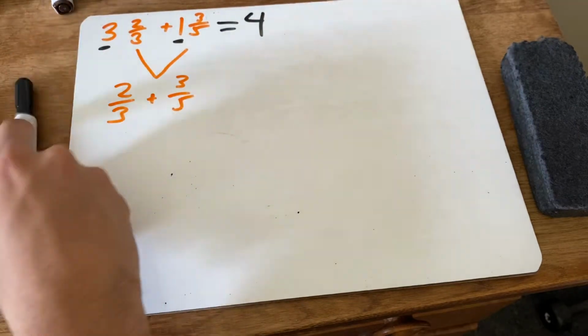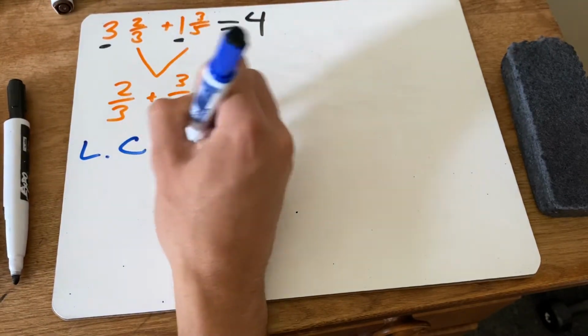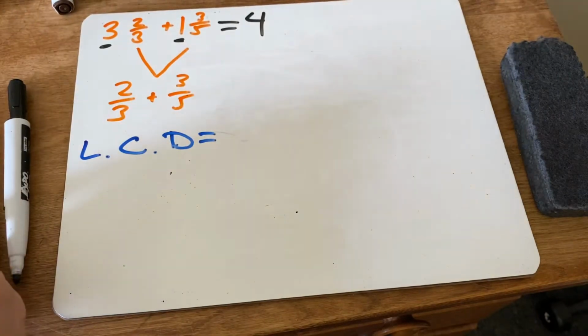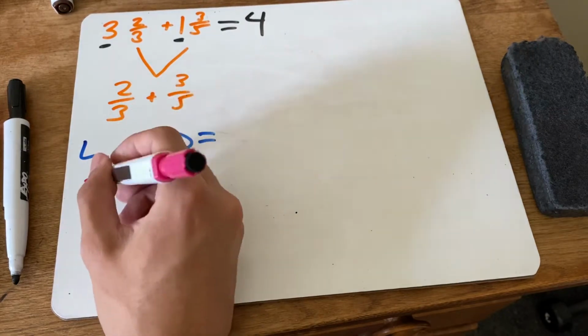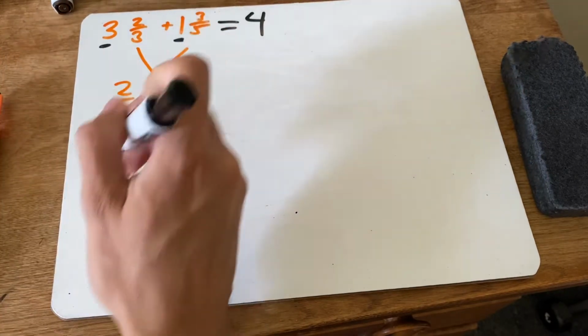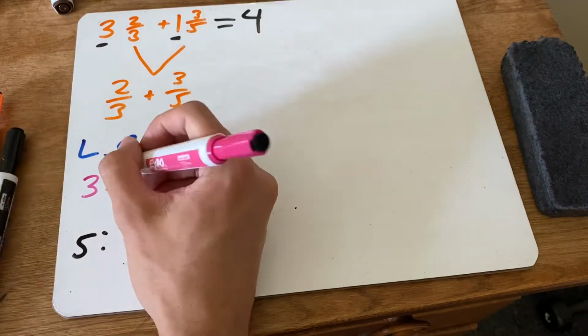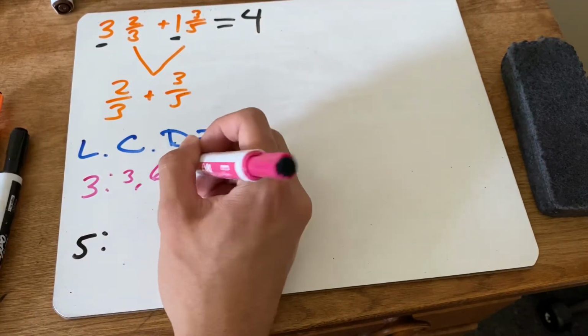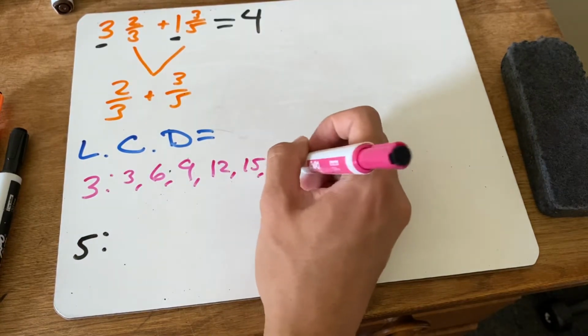So I think I want to use our LCD model. Let's find our LCD. So we have our 3. That's one of our denominators, and then we have our 5. That's another one of our denominators. Okay, so let's skip count by 3. 3, 6, 9, 12, 15, 18, 21.